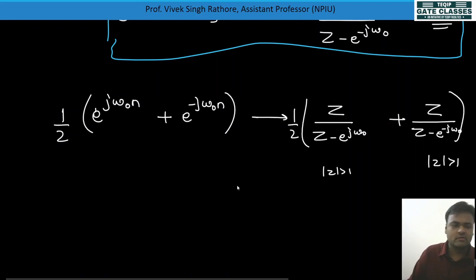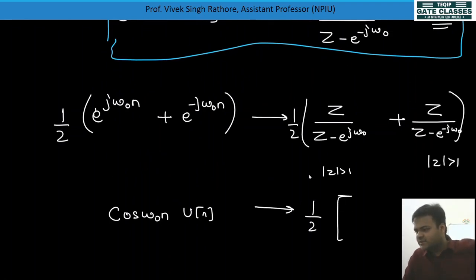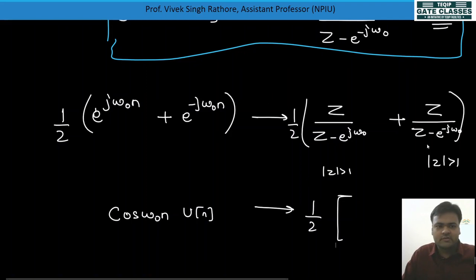Okay, so what we got here can be written as cos omega 0 n u of n, and its z transform is nothing but half of z by z minus e to the minus j omega 0 plus z by z minus e to the j omega 0.